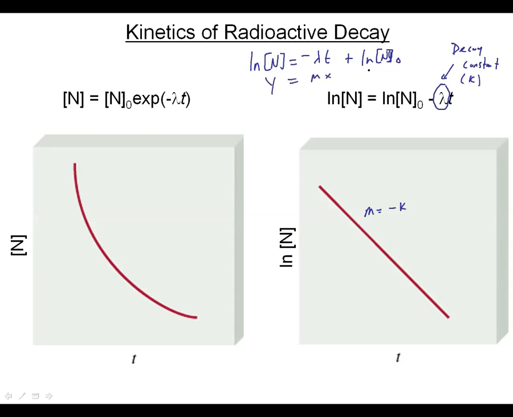Again, on the y, natural log. On the x is our time. And again, you can see the slope here equals minus the decay constant, or again minus k. Whichever symbol you like to use is your choice. I'm perfectly fine if you want to use the same symbols, the A's and the K's that we use with regular kinetics, here.